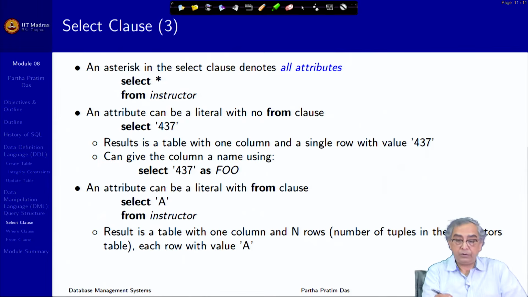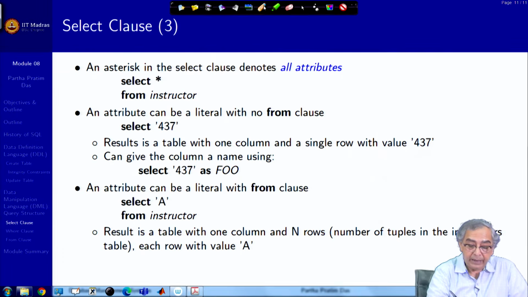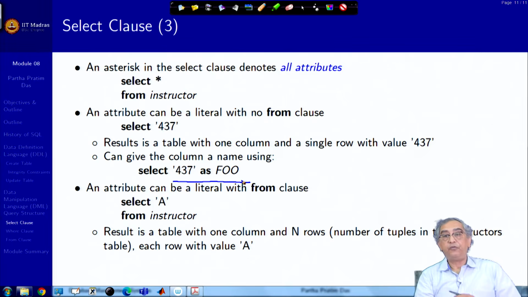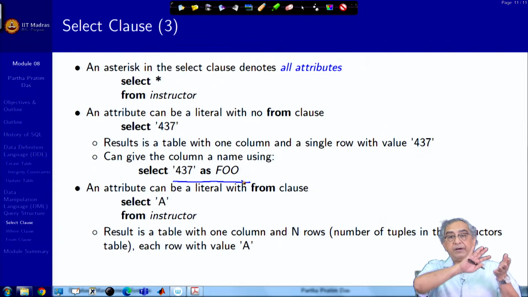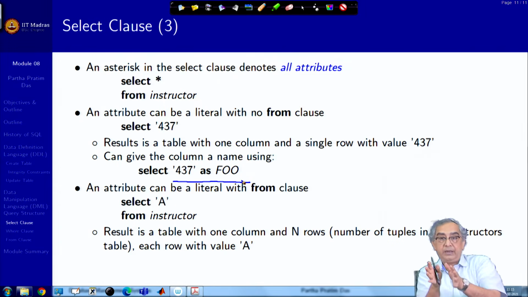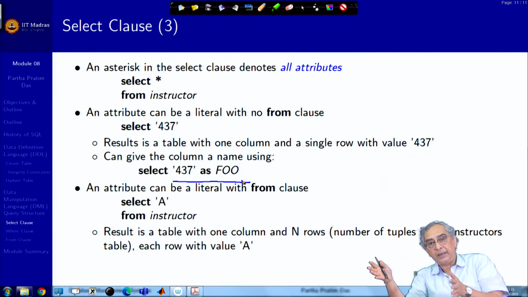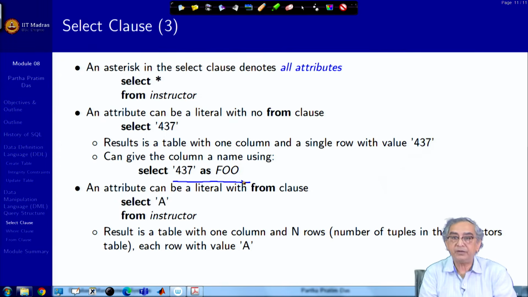You can also provide a name to that, say foo, the name of that attribute. So it is a way by which you can take a value and make it into a table and then use it in other parts of the query.